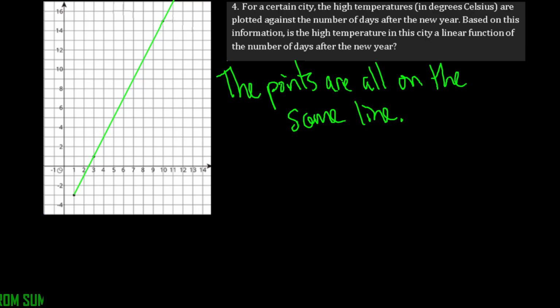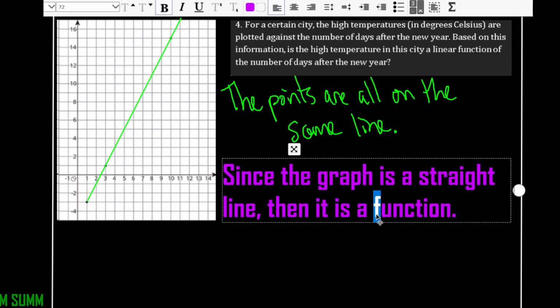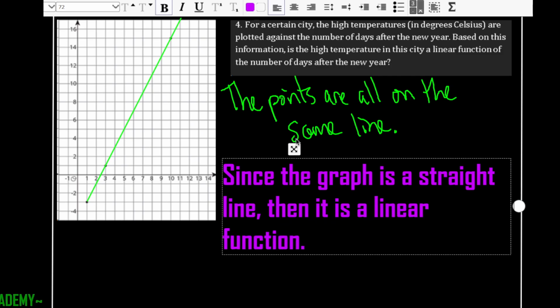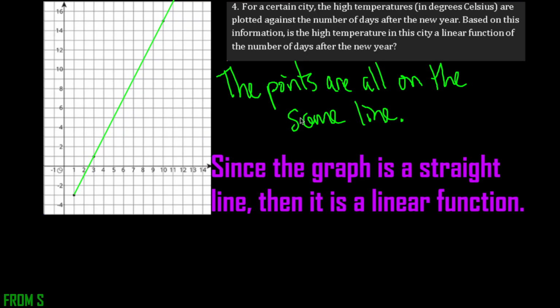And what that means is this: since the graph is a straight line, it's going to be a linear function. So let me write that in as well. Anytime you see that word linear, just think a straight line. Real easy to remember. All right.